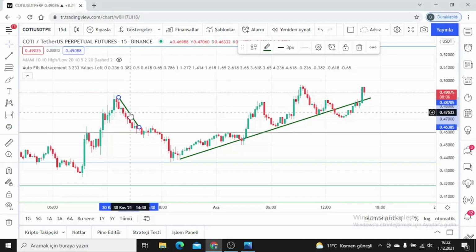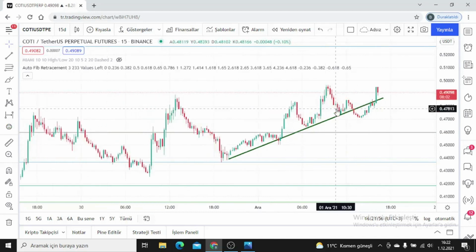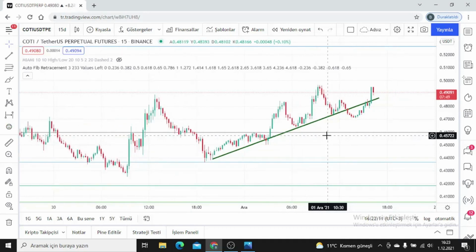Now when we look again, I said to you friends, we'll take it out of here. Now the importance of the 0.233 bar can be seen from here. Large traders usually open their trades at the 0.233 bar. So they place orders on the support and resistance of the 0.233 bar.